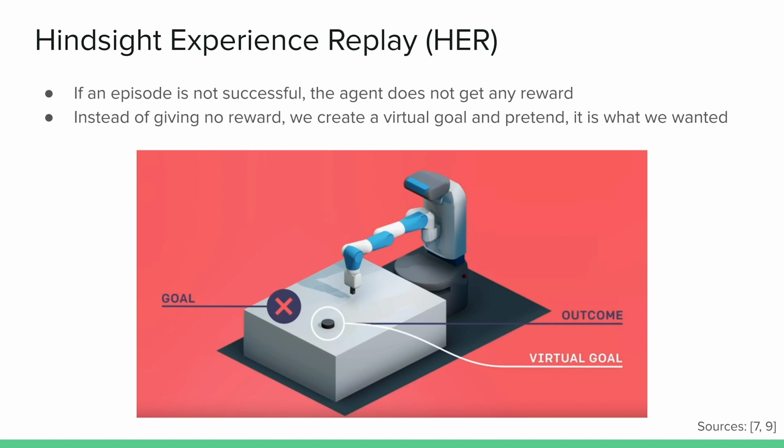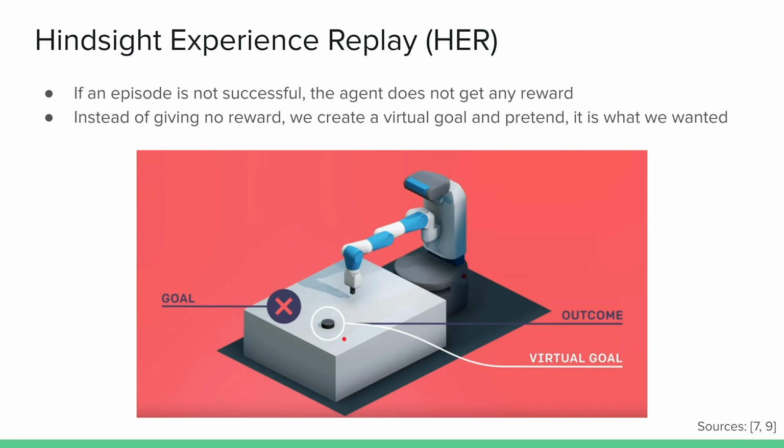What we can do now is pretend that wherever the object landed, it was not where we initially wanted it to land, but we can pretend and say, I wanted it to land exactly there. This is exactly what I ever wanted you to do. And we create this virtual goal. So the goal here in the image is that part here, but it actually landed here.